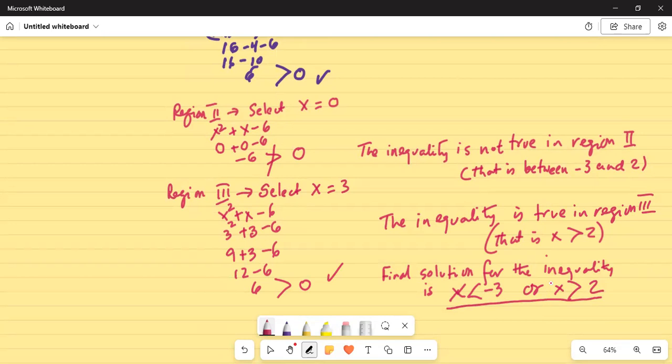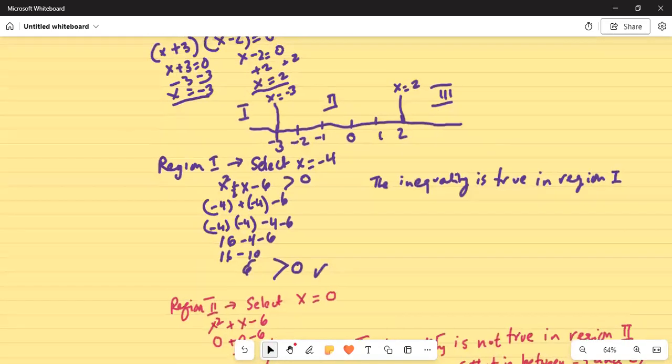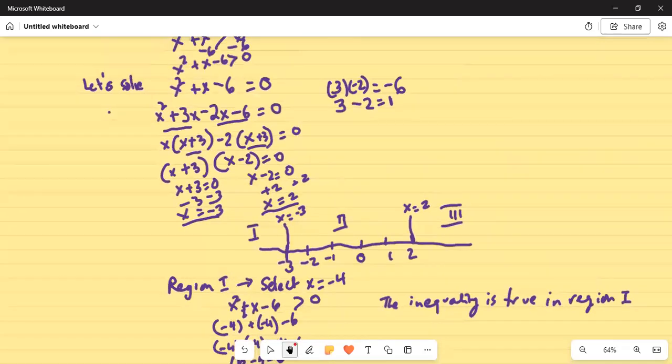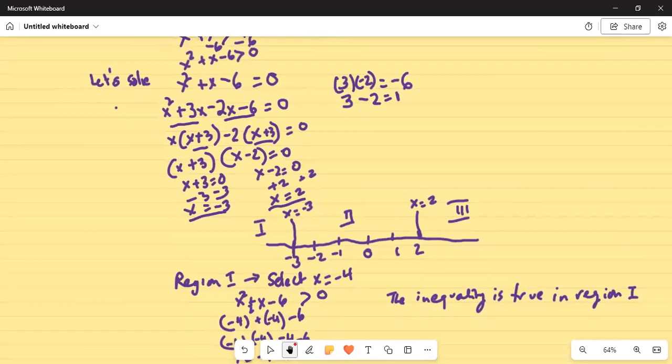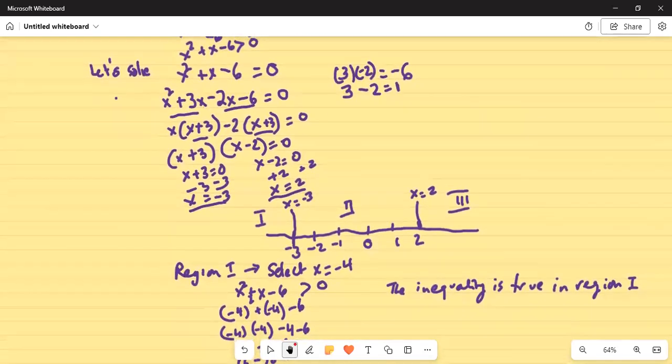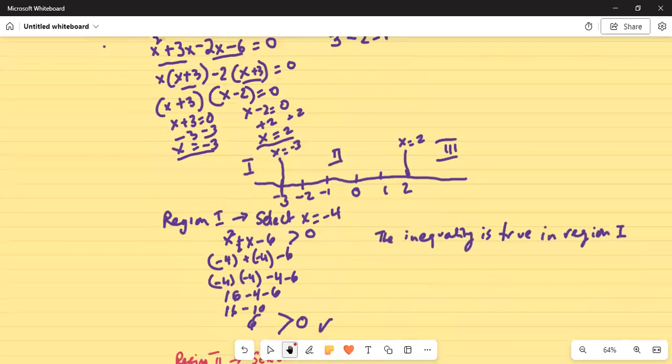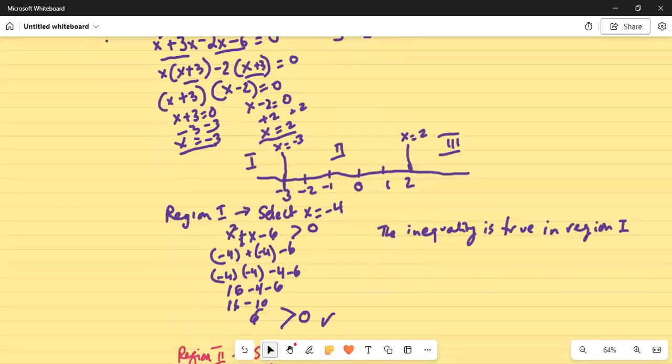And the important tip I wanted to give you at the end is that, as you noted, I first solved for the equation instead of the inequality right away. I solved for the equation, found the two solutions for x, and then divided the number line into three parts. One is less than -3, region 1, region 2 is between -3 and 2, and region 3 is greater than 2.